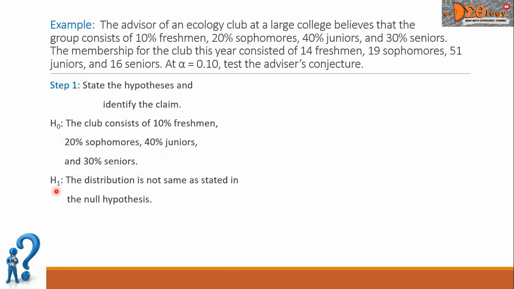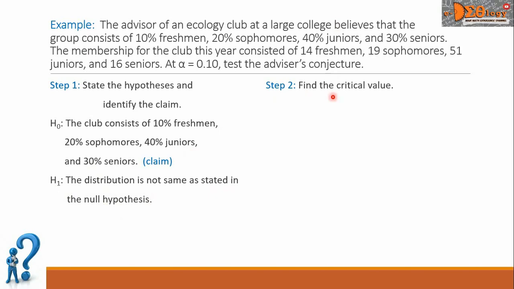Meanwhile, for the alternative hypothesis, that is H sub 1, colon, we write the distribution is not the same as stated in the null hypothesis. And then, if we read our problem, the claim is in the null hypothesis.